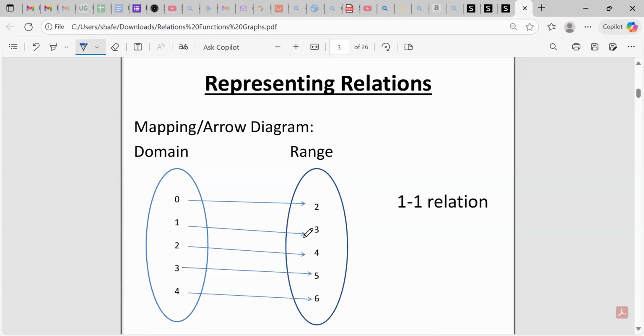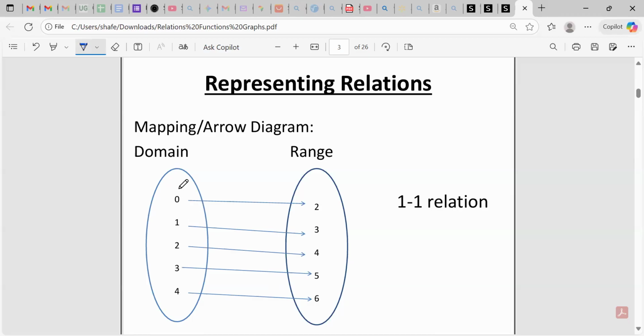Another way to represent relations is what we call a mapping, or sometimes you hear the books say arrow diagram. So we have the domain in a loop there, and we have the range in a loop. So 0 maps onto 2, 1 maps onto 3, and so on.